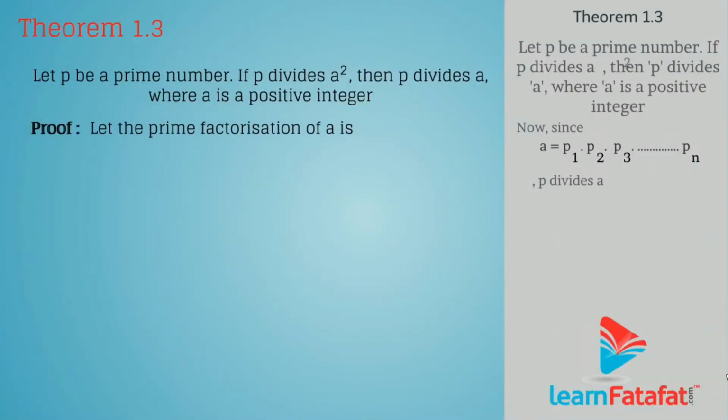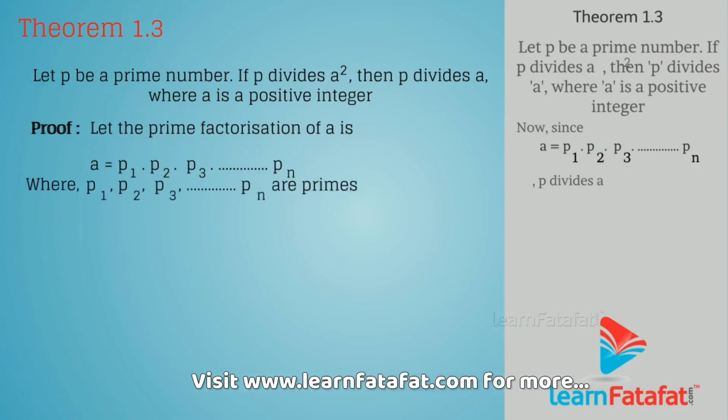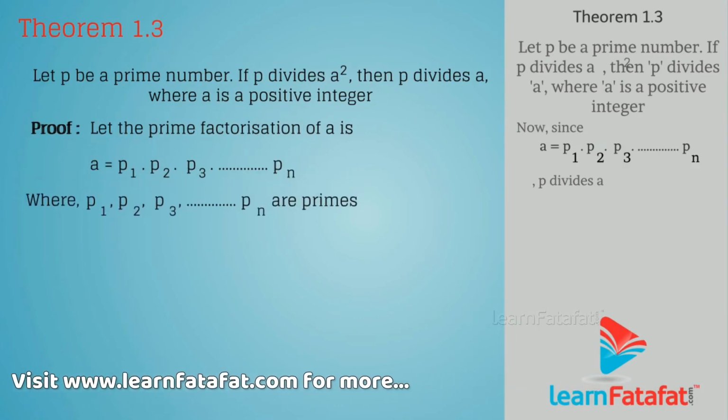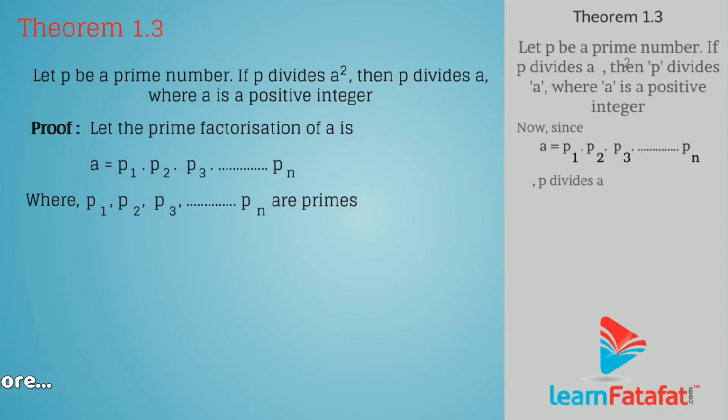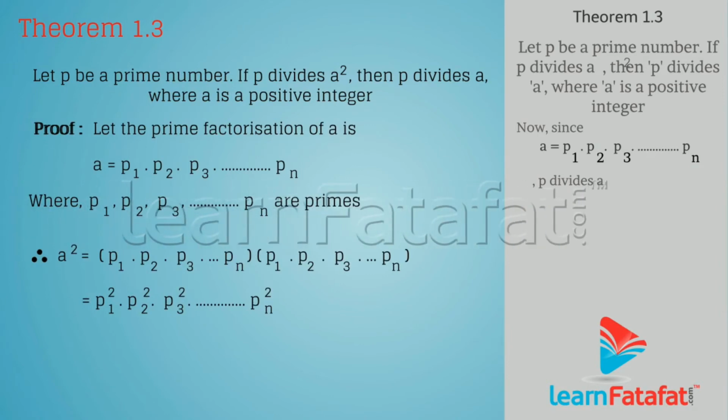Proof. Let the prime factorization of a be equal to p1 into p2 into p3 till pn, where p1, p2, p3 till pn are primes. Therefore, a squared is equal to p1 squared into p2 squared into p3 squared till pn squared.